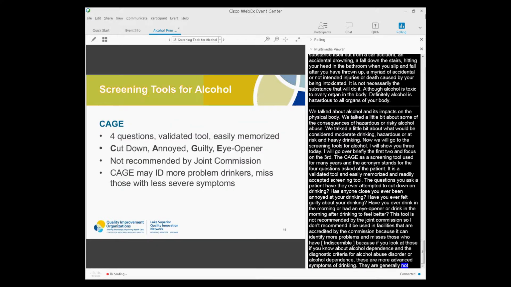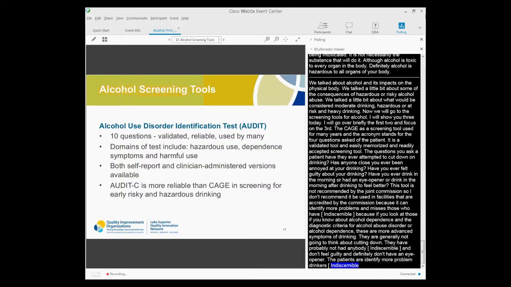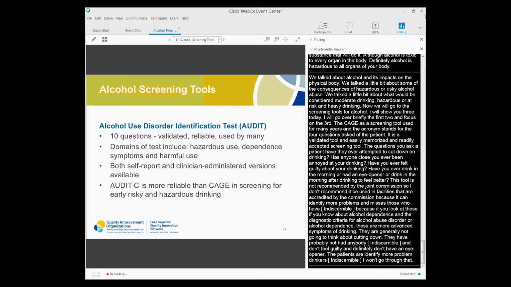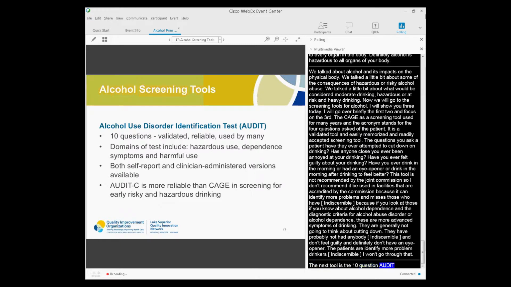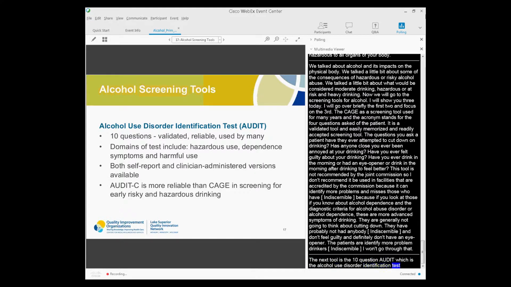So the next tool is the 10-question AUDIT, which is the Alcohol Use Disorders Identification Test. I'm blanking on these acronyms this morning. But the AUDIT is 10 questions, validated, reliable, used by many.